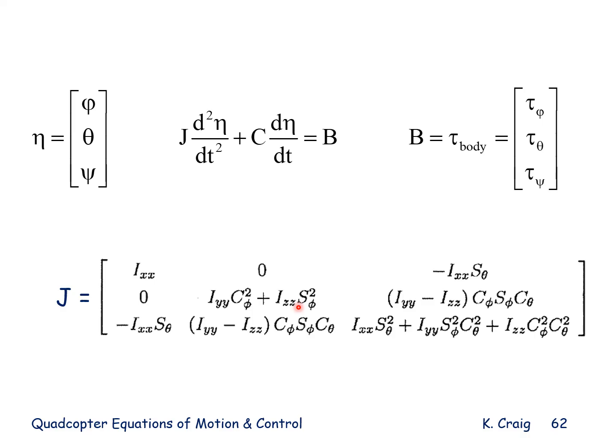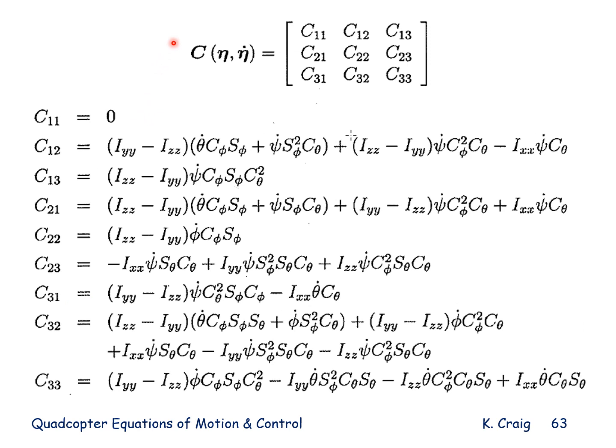This is the 3 by 3 matrix that's multiplying the 3 by 1 column vector of angular accelerations. The C matrix depends on eta and eta dot. It is a 3 by 3 matrix, and the 9 elements are shown here. And these were derived in both the Newton-Euler method and the Lagrange method.